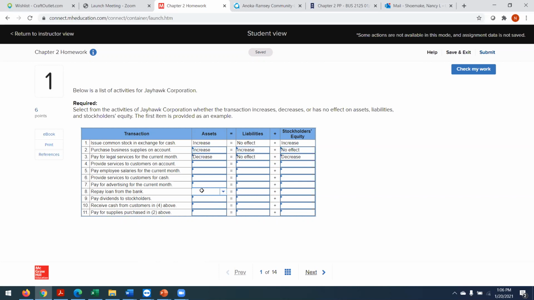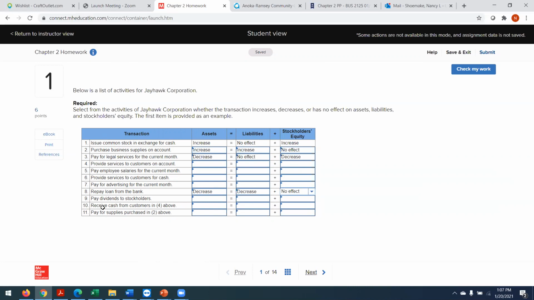I mean, I should be careful. What should we be paying them with? Cash. What happens to cash? Decreases. What happens to liabilities? Decrease. We're not going to owe them that anymore, are we? Yeah. Okay.